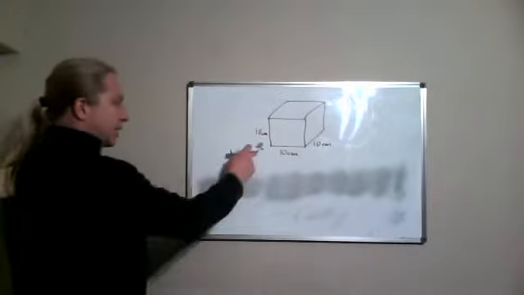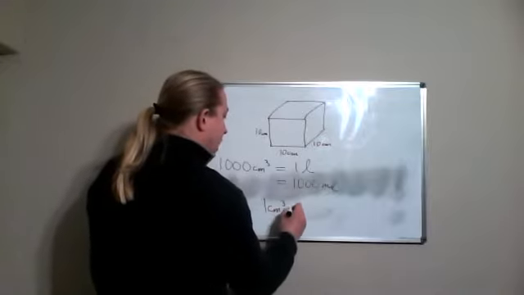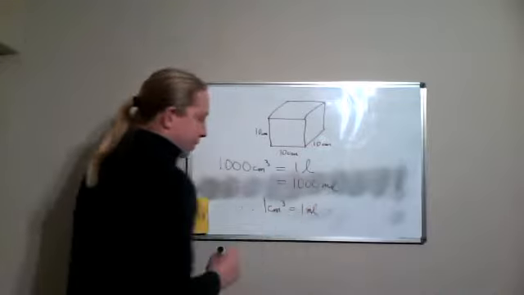Also remember, 1 liter equals 1,000 milliliters. So 1,000 centimeters cubed equals 1,000 milliliters. Therefore we can conclude that 1 centimeter cubed equals 1 milliliter. That's what you're going to use to convert from volume to metric units.